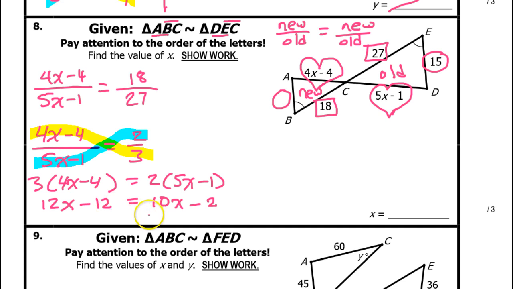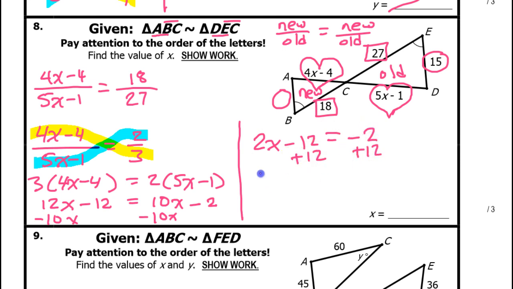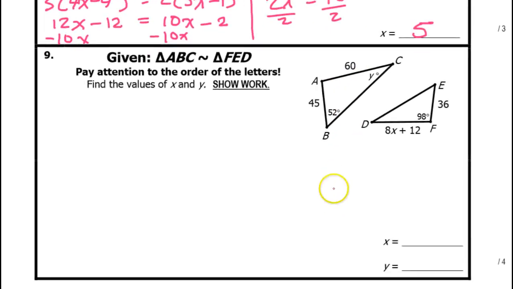All right, I need to subtract 10x from both sides. Okay, so that's going to give me 2x. So now I have 2x minus 12 is equal to negative 2. But then I need to add 12 to both sides. So that will give me 2x is equal to 10. And then I divide both sides by 2, and I get x equals 5. So that's number 8.